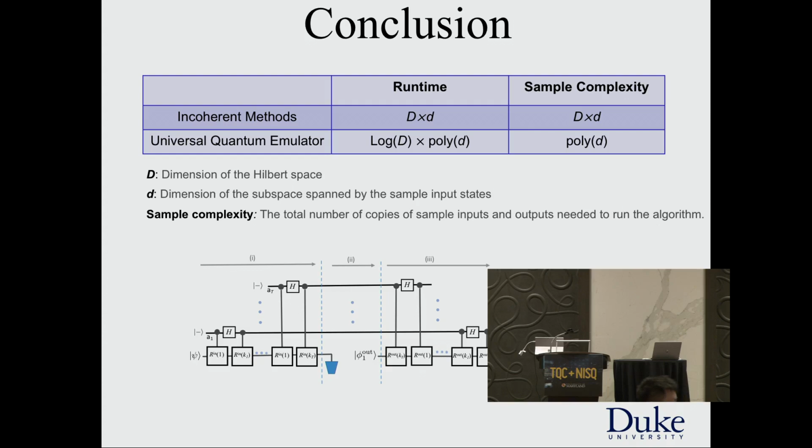A question about the spectral gap of the channel. For a fixed set of input states, does this gap depend on the unitary that you're trying to emulate? No, it just depends on the relation between these states. For example, if you start with the states 0 and 1, in which case it's impossible.